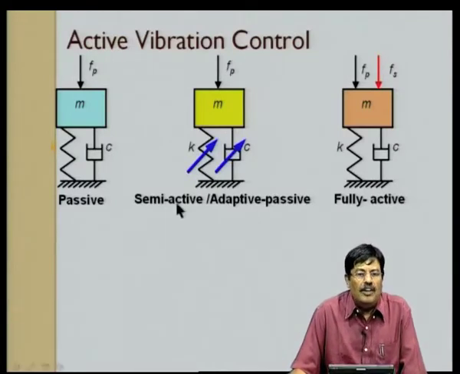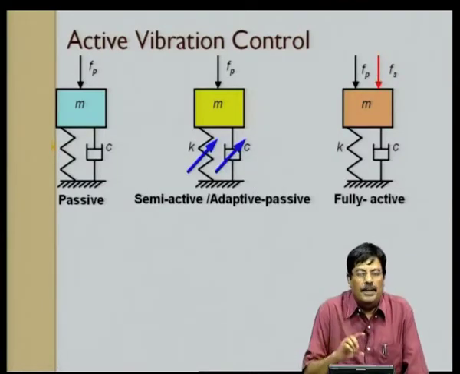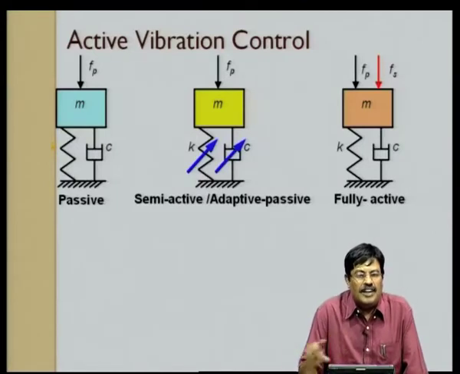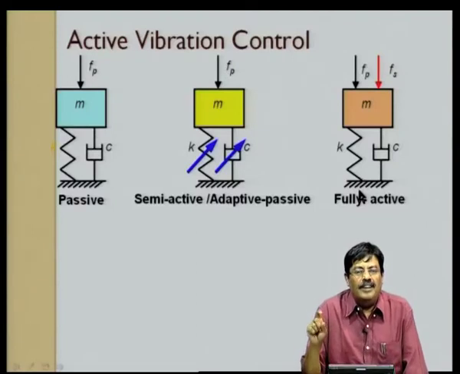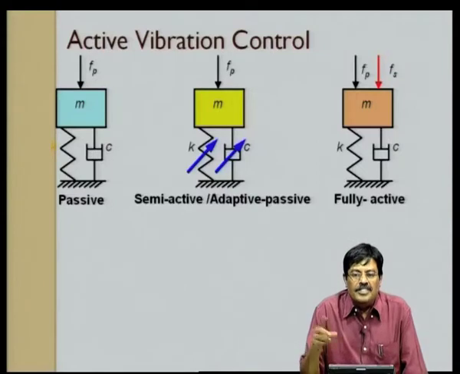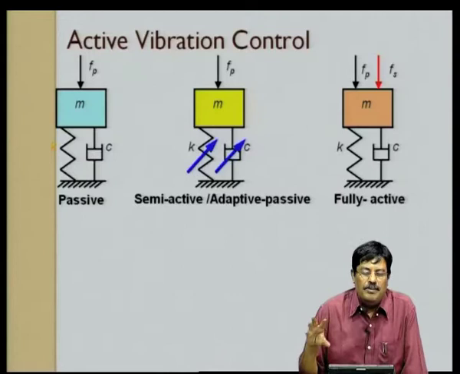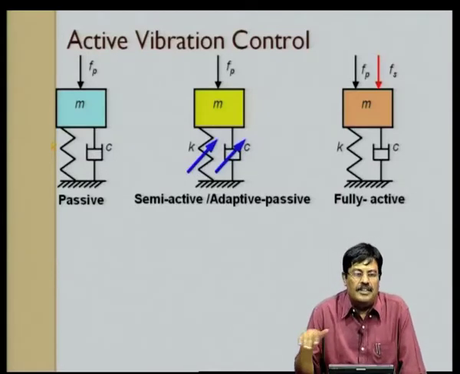In the semi active or adaptive passive case, we change dynamically the stiffness and the damping of the system by some means, using constrained layer damping or some other means. And fully active is like using a smart layer, where we energize the structure with different voltage levels, which dynamically changes the voltage levels in order to make sure that the vibration level comes to the minimum level desired by the designers.